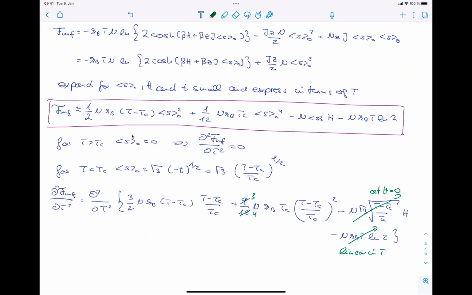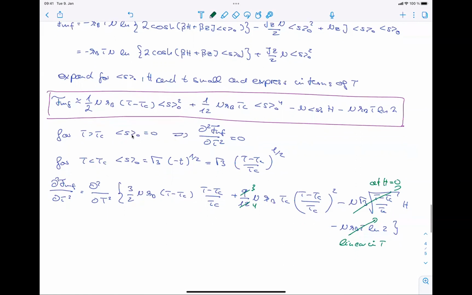And in both cases, we have a quadratic dependence on the temperature T here and there. And so if we take the second order derivative, both terms prevail, but they're going to lump together because they have the same prefactors to arrive at, in the end, 3 N KB times 1 over TC.